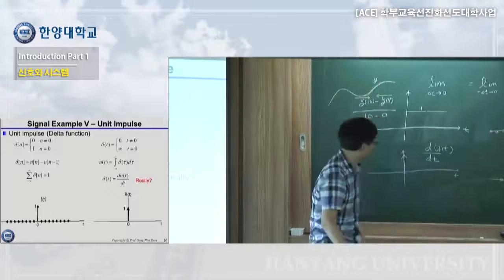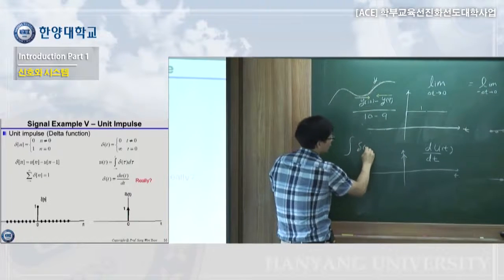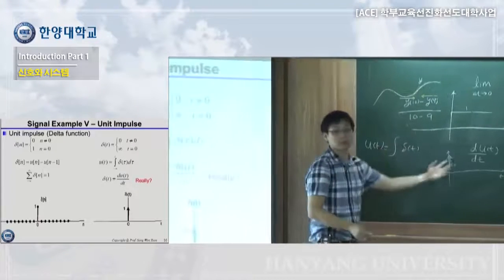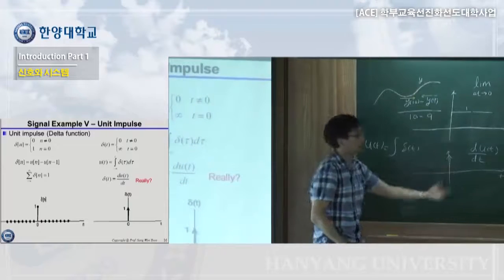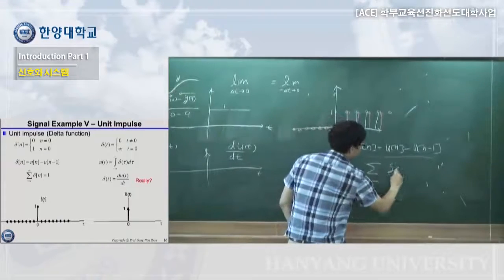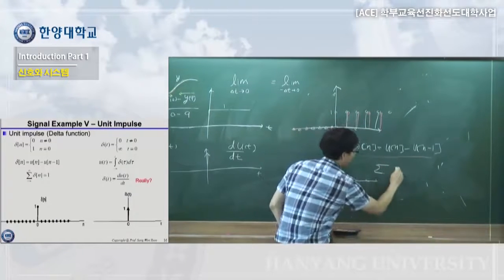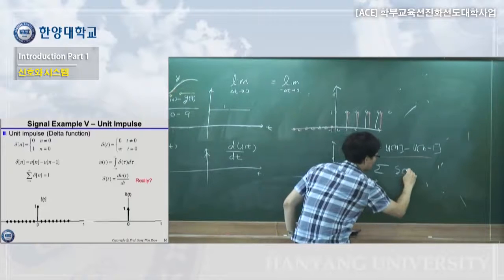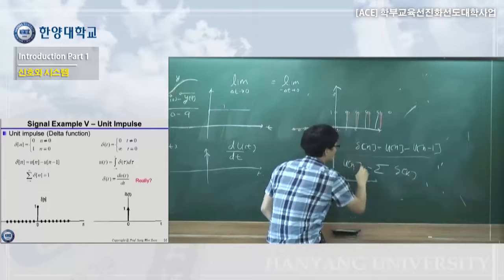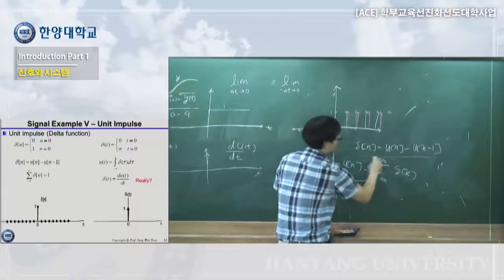The other way, if we integrate delta function, there will be unit function, right? Differentiation, integration. If we add our delta function, there will be our unit function from minus infinite to infinite.